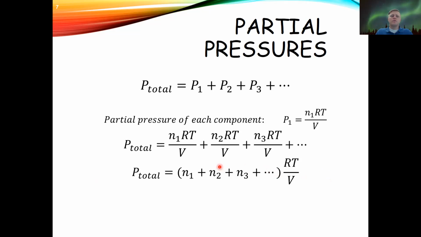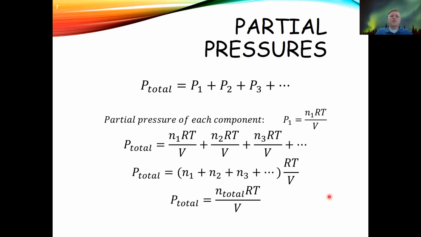We can also say, if we sum up all those moles, that our total pressure is equal to the total number of moles times RT over V. Both these last two equations are consistent with the problem we had in the last lecture, where I asked you about a balloon with 8 moles of hydrogen gas and 4 moles of oxygen. When we calculated that out, we just added the moles of the two gases together, just like we're doing here.